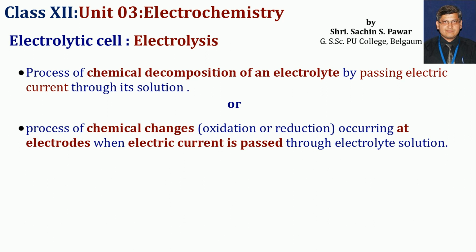Thus now we can define electrolysis as the process of chemical decomposition of an electrolyte by passing electricity, or the process of chemical change, that is oxidation-reduction reaction, occurring at the electrodes when electric current is passed through the electrolyte solution.